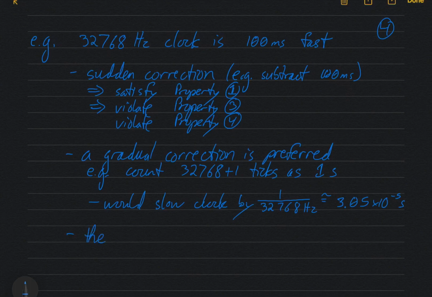So then the question is, if you're slowing it by that much, how long is it going to take for that correction to get you back to the correct time?